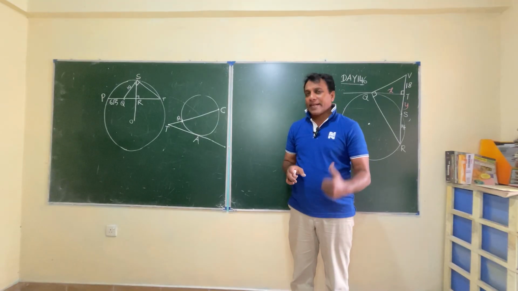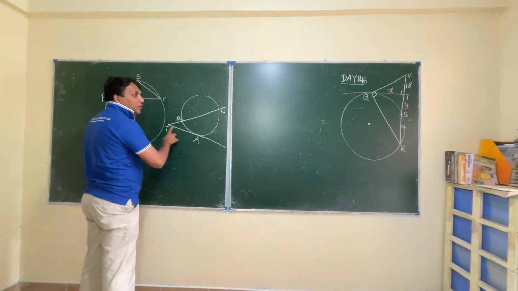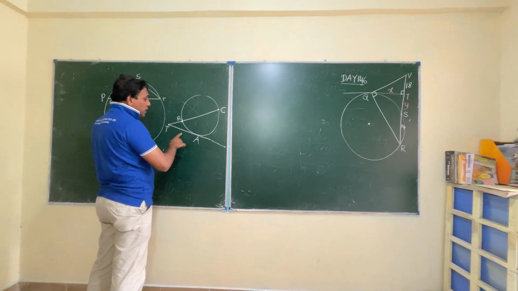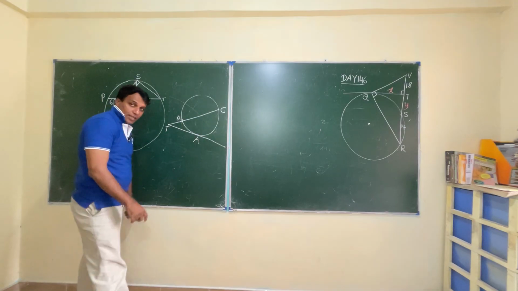If you're clear, you can apply this part. From T, a tangent is drawn, and the secant cuts at B and C, right?